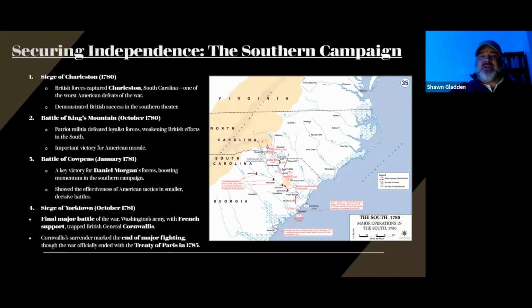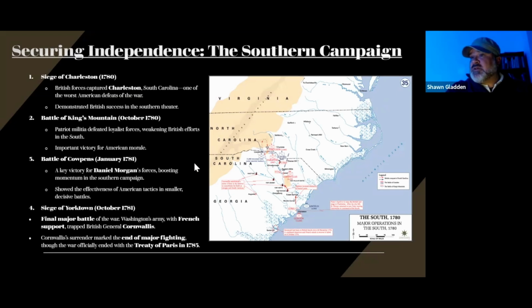Unfortunately, by the time 1781 rolls around, it's a new ball game because the French army and the French navy are now involved. And with the help of Lafayette, Marquis de Lafayette, and the French navy, which was able to check that superiority in the Chesapeake Bay, by the time Cornwallis makes his way to Yorktown, he's basically set up in a trap.